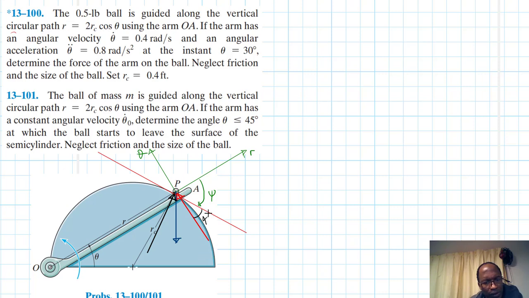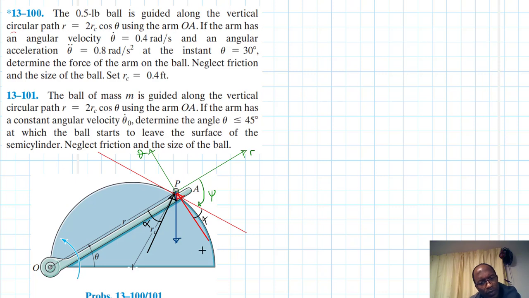If this is our alpha, this here becomes 90 minus alpha, and this one here becomes alpha. So this is our alpha also.